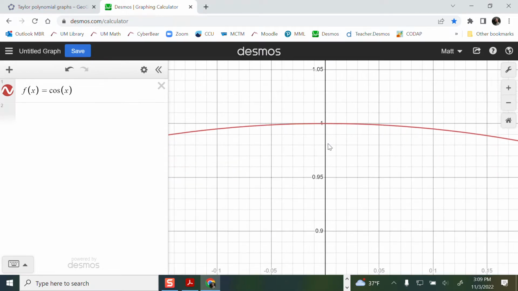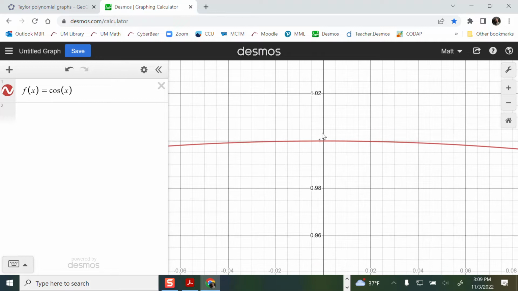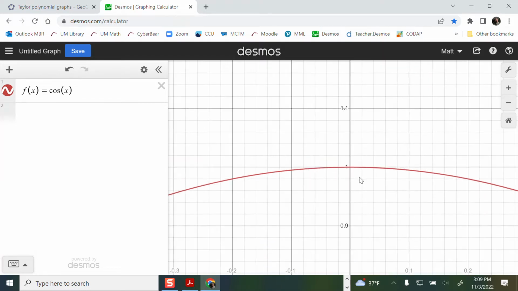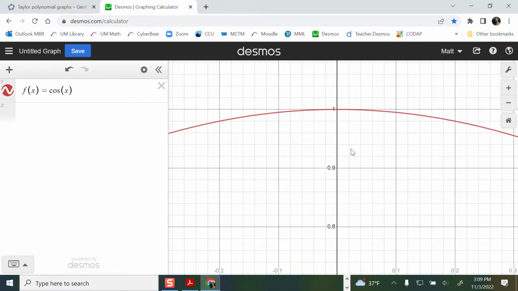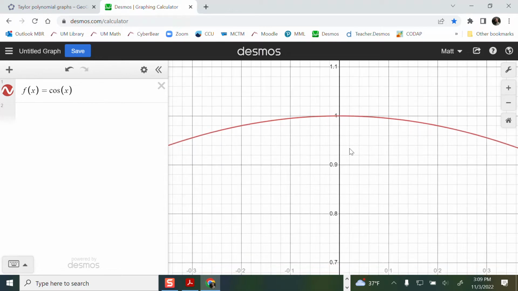And you can see that if you zoom in really close, a linear function would do well to approximate the behavior, it looks like, from about negative 0.02 to positive 0.02. So the question is what is that function? And you might know it just by looking at it, but let's just pretend we don't know it and see if we can go through a process that would lead to an approximation there.